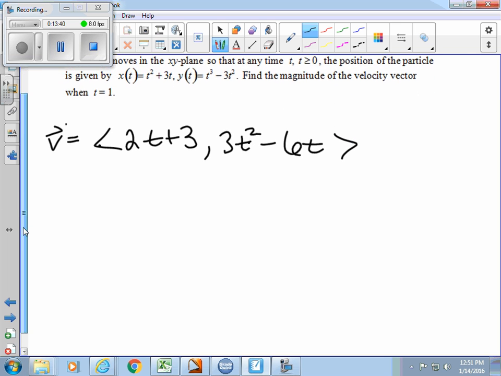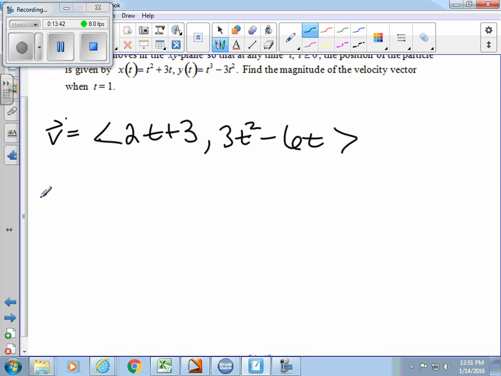Of course, I could come up with a generic speed equation, but I do want the magnitude at t equals 1. Would it be easier to plug that in now or later? Now, right? So the velocity vector at 1 is 5, -3.